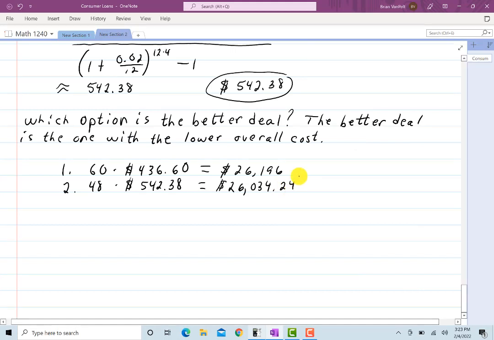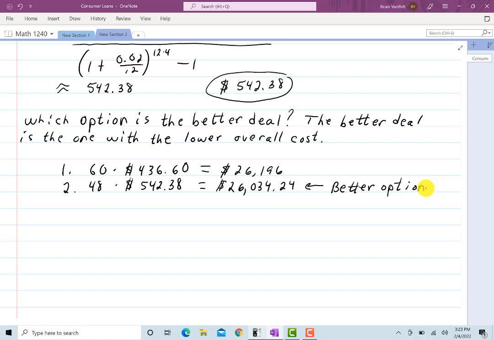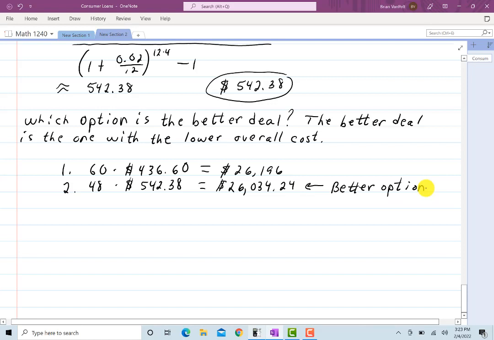So if you consider the better option to be the one that has the lower overall payments, this is the guy right here. In fact, if you think about it, in option number 2, we paid only $1,034.24 in interest. In option 1, since we were only financing $24,000, we actually had over $2,000 in interest. So you can see that option 2 was better.